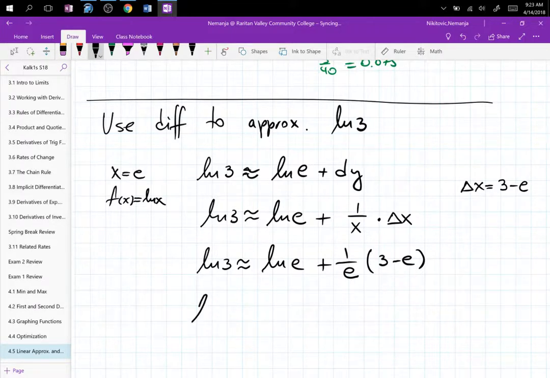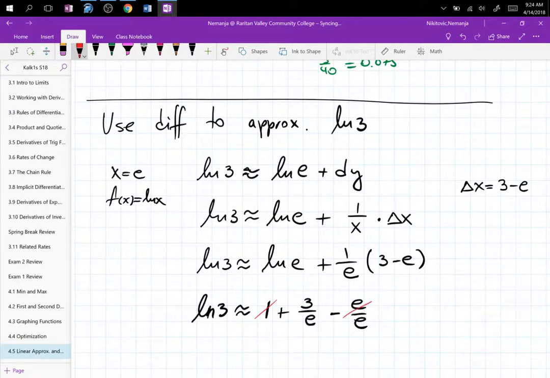So ln 3 is approximated by, now ln e is 1. I know I've been copying it forever, but here we are computing. So ln e is 1 plus 3 over e minus e over e, when you distribute 1 over e to both. And I hope you see that positive 1 and negative 1 will cancel.